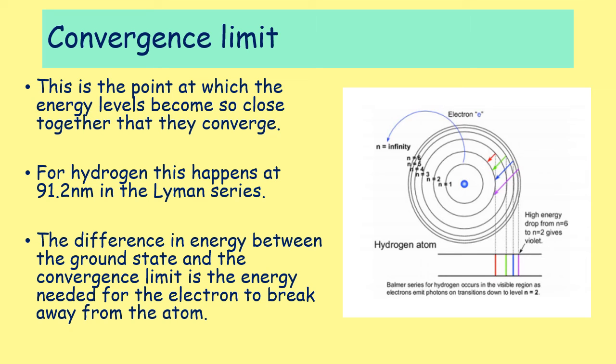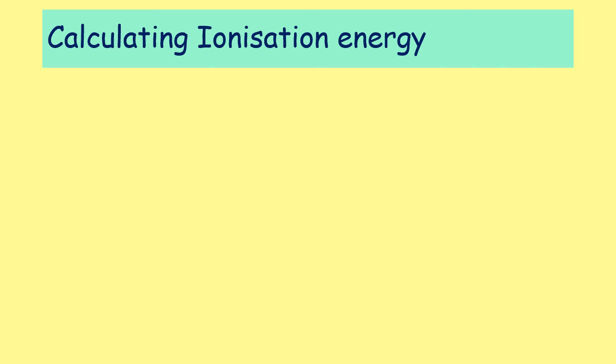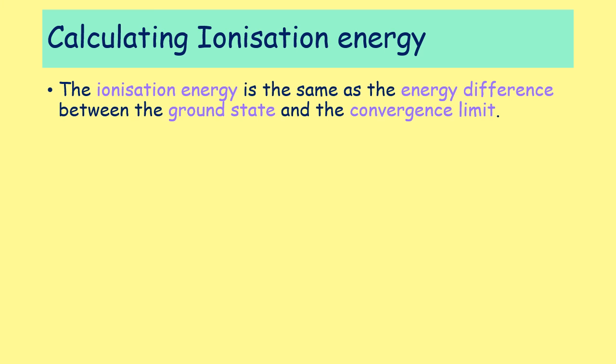If you provide energy that's greater, or a wavelength that's shorter than the convergence limit, the electron will actually be excited out of the atom and it will ionize. This is what allows us to calculate ionization energy, or find a wavelength from ionization energy.